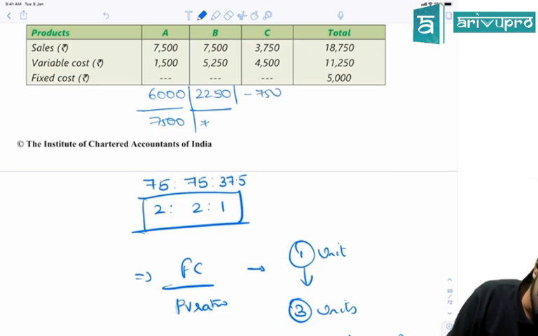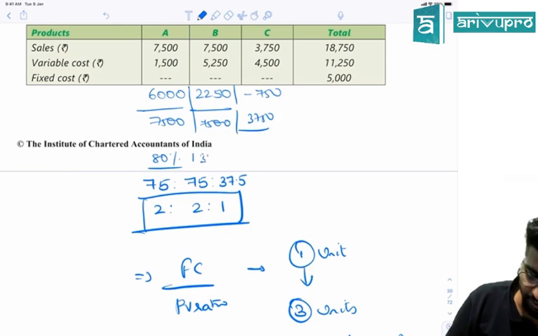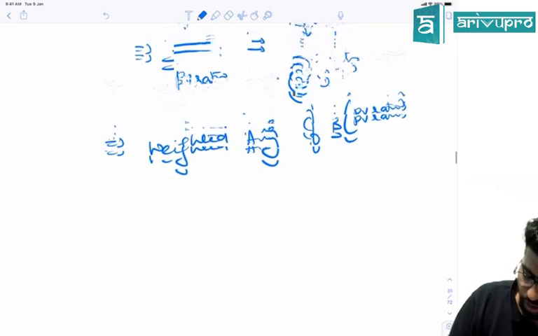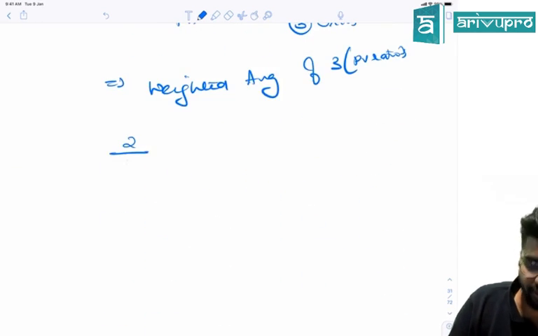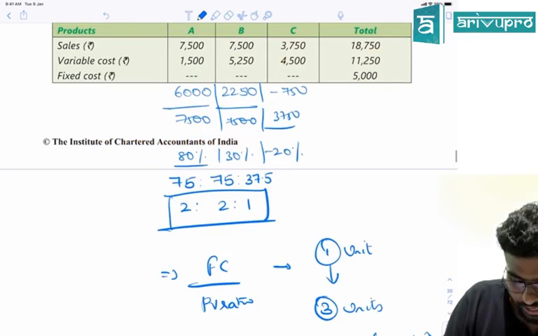So this was 80%, 30%, and minus 20%. So I am finding the weighted PV ratio, that is 2 by 5, that is 2 is to 2 is to 1, will be 2 by 5 into 80%.